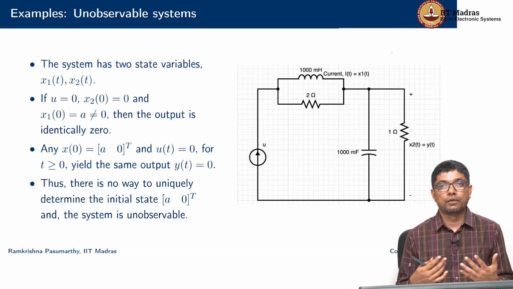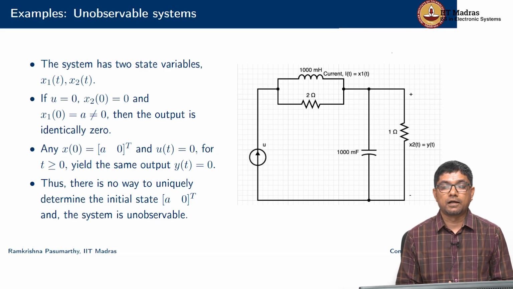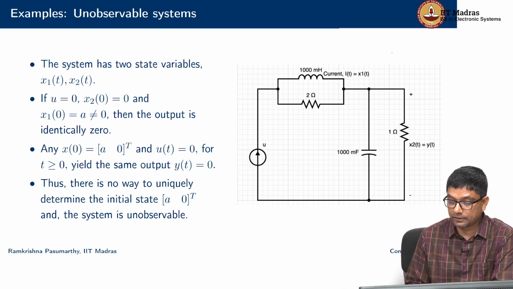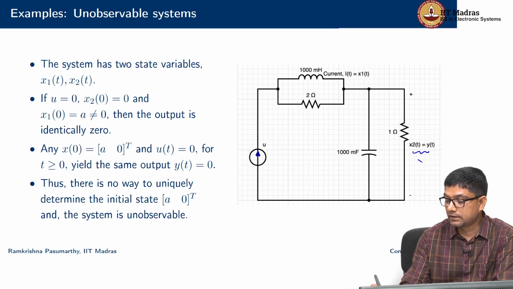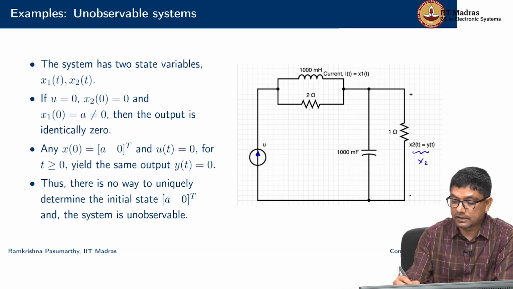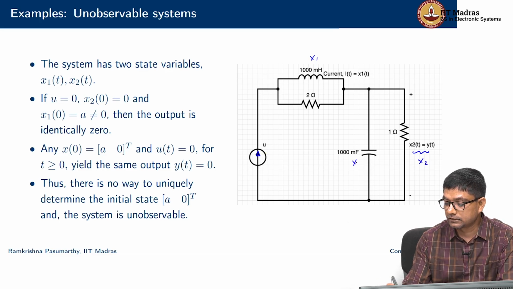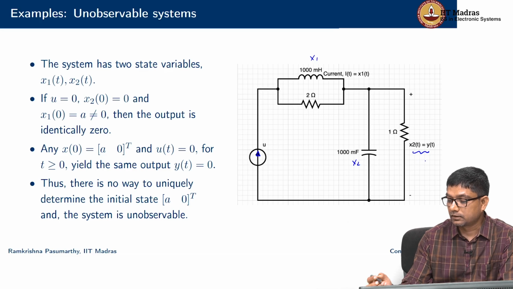We will try to do one more example before we ask ourselves how to check whether the system is observable or not. So, this system has two variables, the input comes from here, the output measured is x2, and it has another state here. So, there are two energy storing elements, so two states. This can be x2, the voltage across.